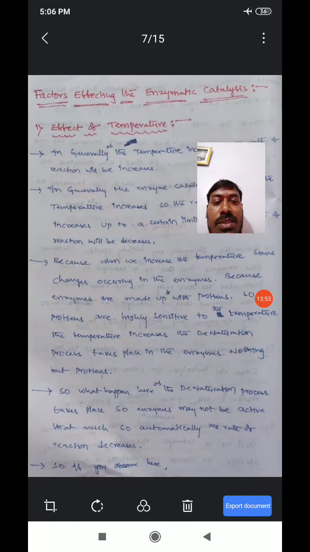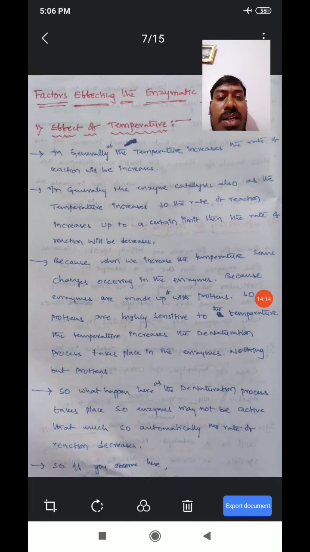Next we are discussing the factors affecting enzymatic catalysis. First we discuss the effect of temperature.